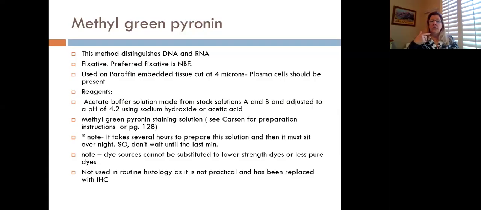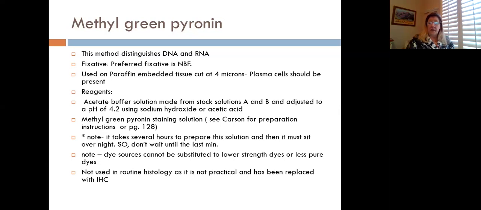Now, it takes several hours, if not days, to prepare the methyl green pyronin solution itself. So if you are the last guy who used up the last of the methyl green pyronin and didn't begin making it again, and this stain gets ordered again, you're going to create a delay in patient results.